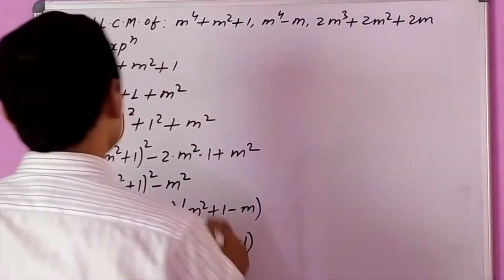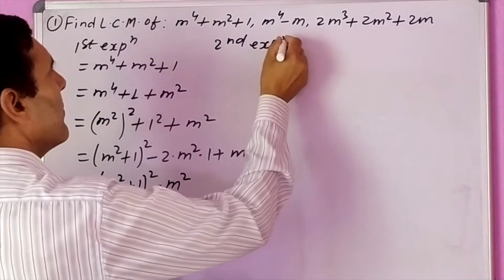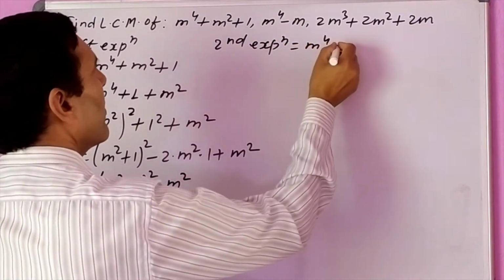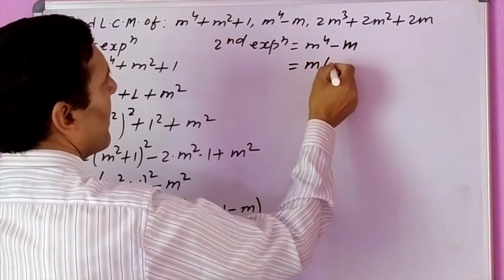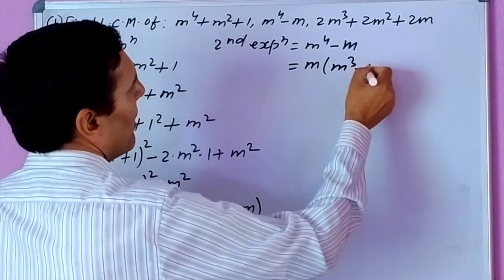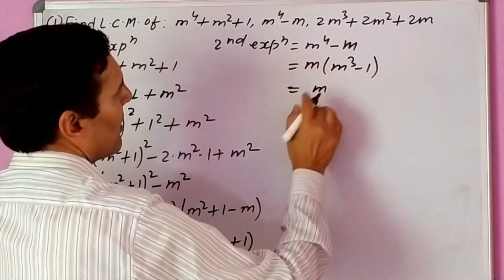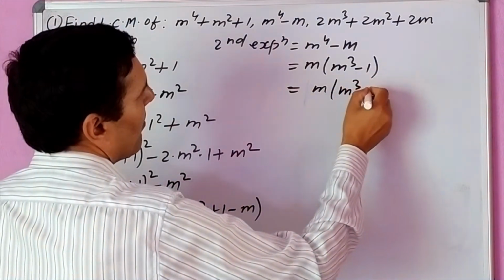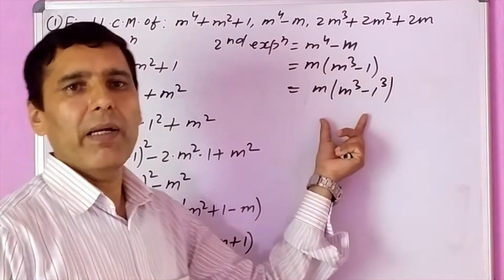Similarly, we have the second expression, m power 4 minus m. We can take m common here. After taking m common, what will be remaining? m cube minus 1. So m times m cube minus 1, and this 1 can be written as 1 cube. So it is in the form of a cube minus b cube.